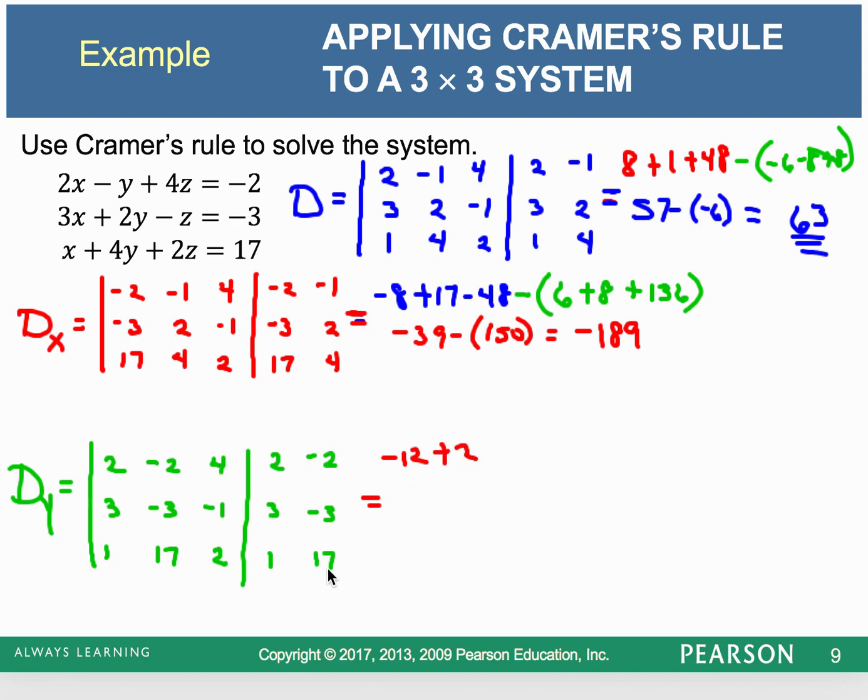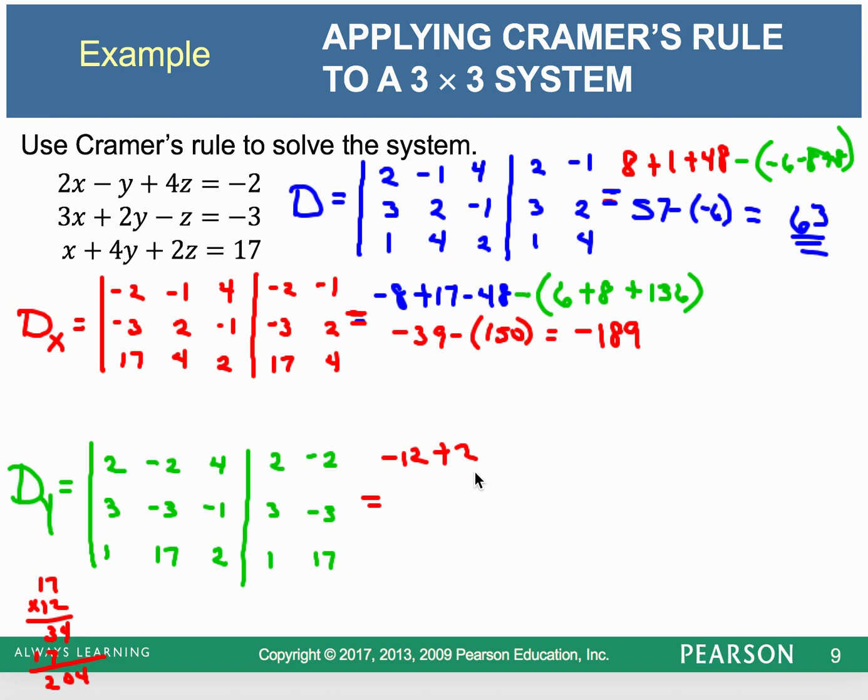Okay, 12 times 17. So let's go over here and see what's 12 times 17. 204. Oh, no, no, no, because, yeah. Okay, 34, 17, 204.